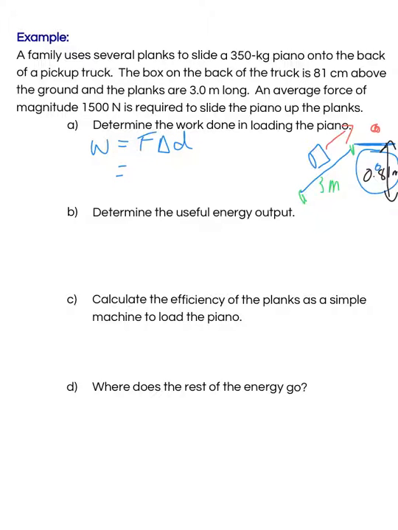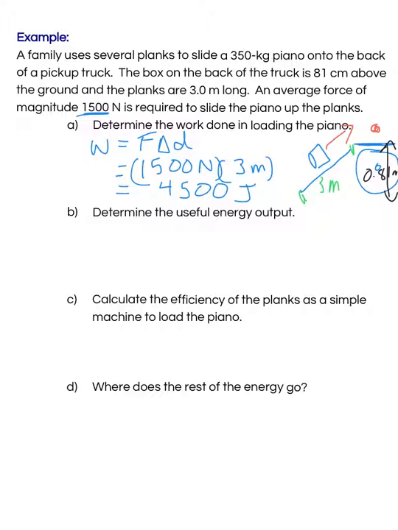And it says that there was an applied force of 1,500 newtons. That's the force that I applied over that length of the plank, which was 3 meters. And so overall, that will give me 4,500 joules of work that was done in loading the piano.